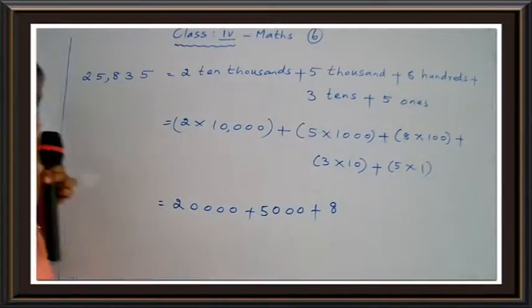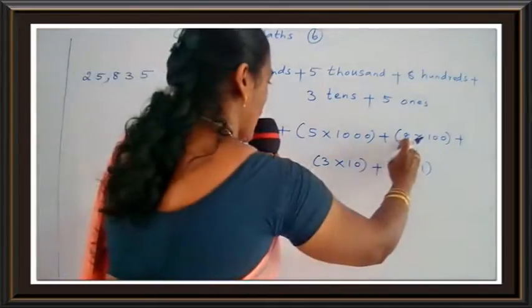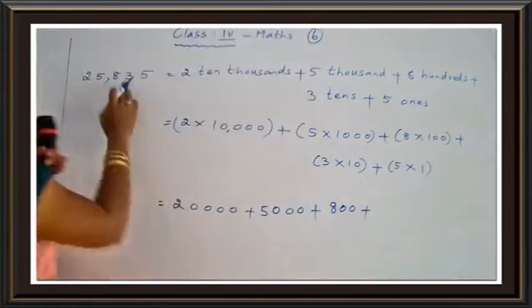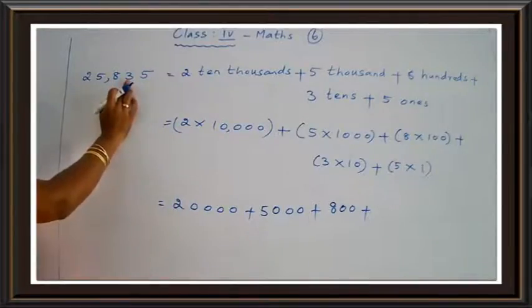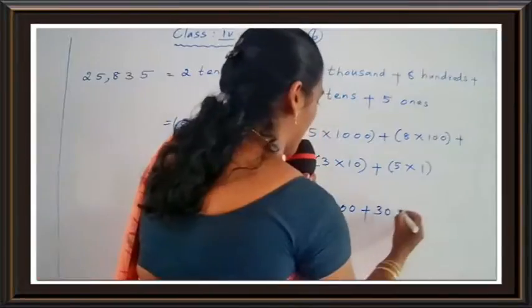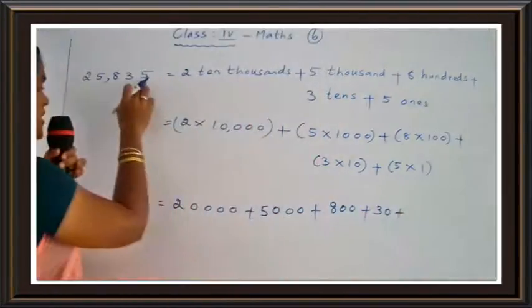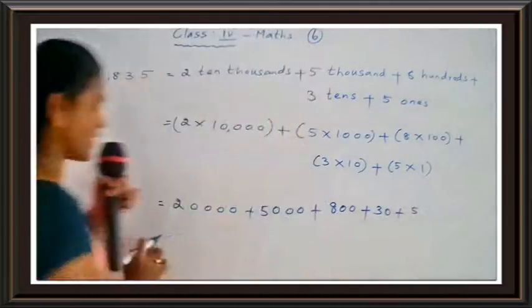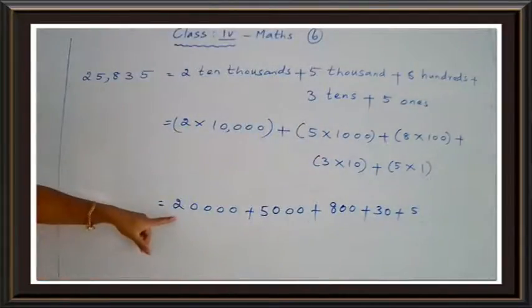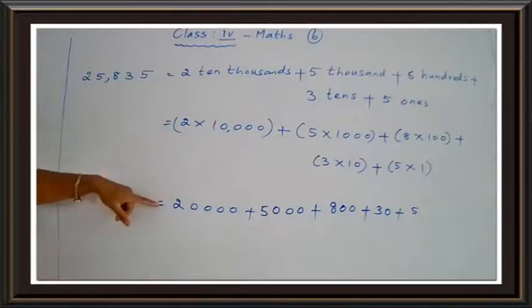So that's why 8 into 100, 800, plus tens, so 3 into 10, 30, plus the last digit, ones place, that is 5. So your expanded form is here. Then third way. So first way, second way, third way. Okay children?